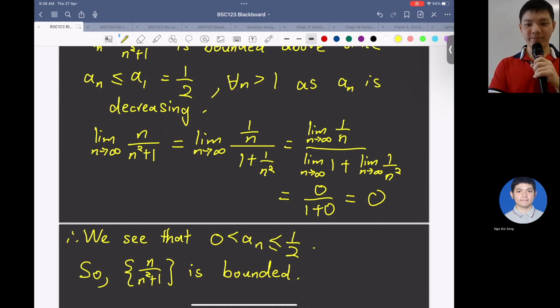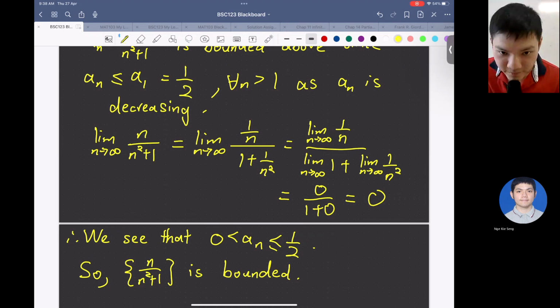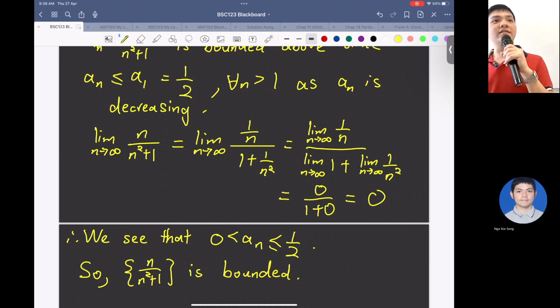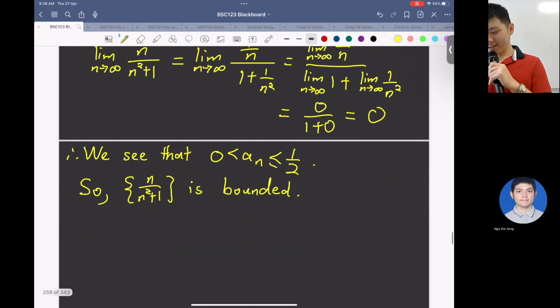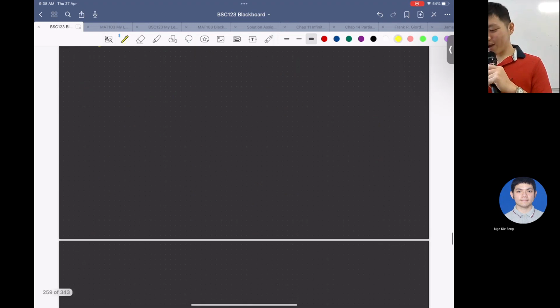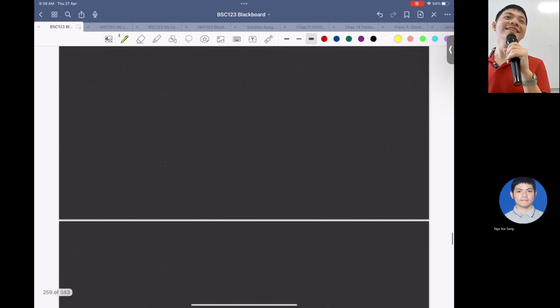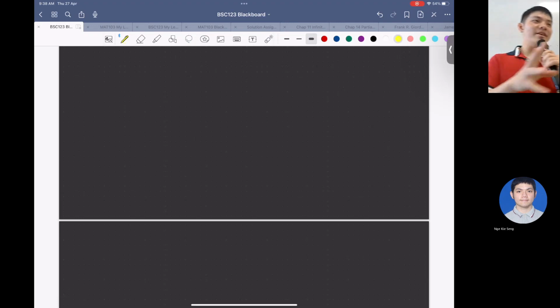Monotonic sequence theorem. See. Huh? Too fast? Maybe. I don't know whether I'm slowing down or not. Am I going very slowly?